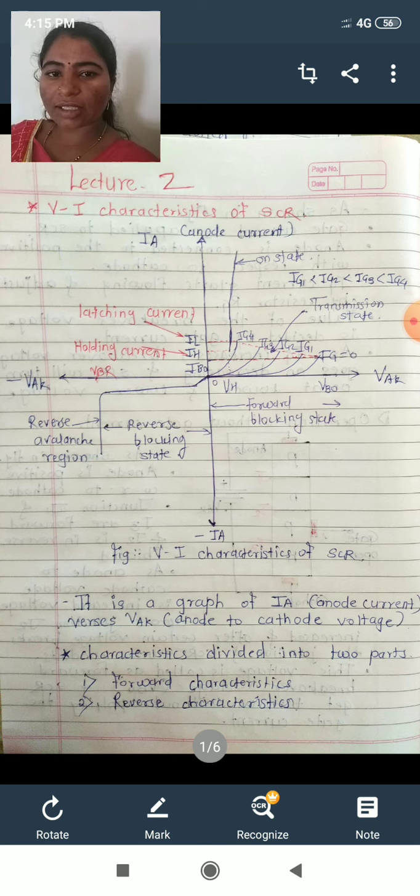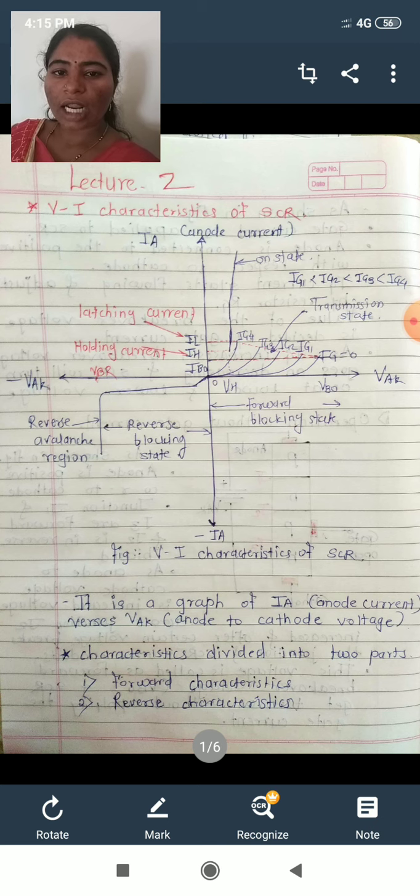This state is an unstable state, means its time is not defined. It depends on the applied gate current and the applied breakover voltage. Now see the gate current. When Ig is equal to 0, your breakover voltage is very high. As we already told in the previous lecture, as gate current goes on increasing, your breakover voltage goes on decreasing.